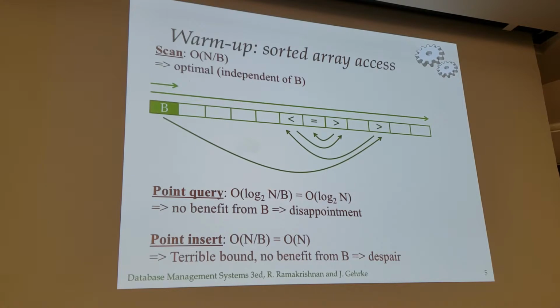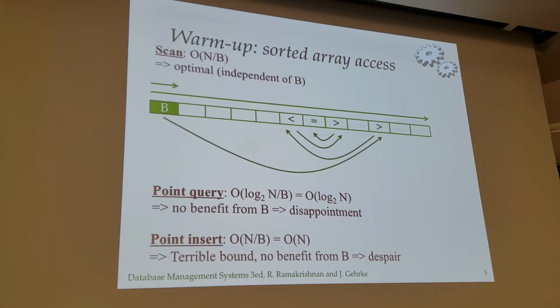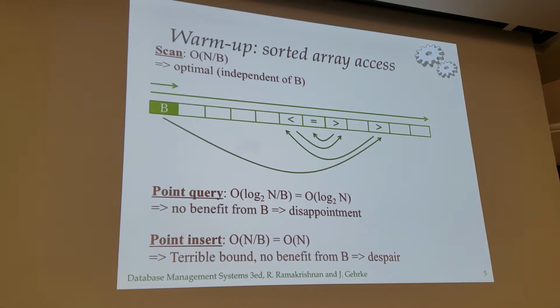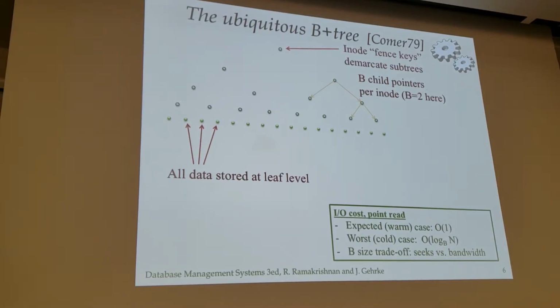It's still going to be order n, even when you have a given number of blocks. And if you're doing a search, or you're doing an insert, there's no benefit in doing the queries or the inserts from the value of B, the block size. And let's look at B trees.